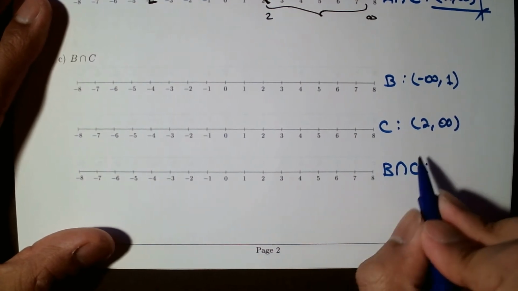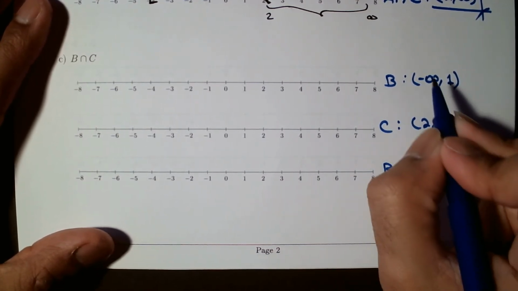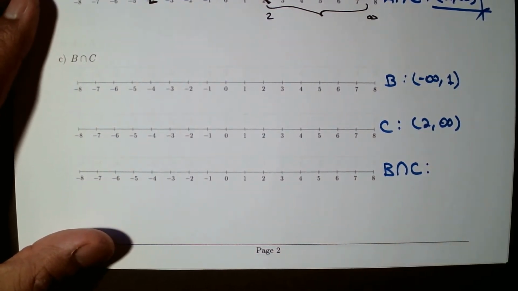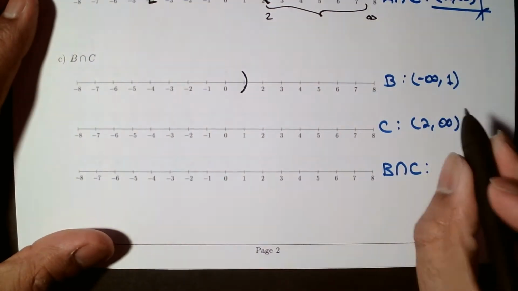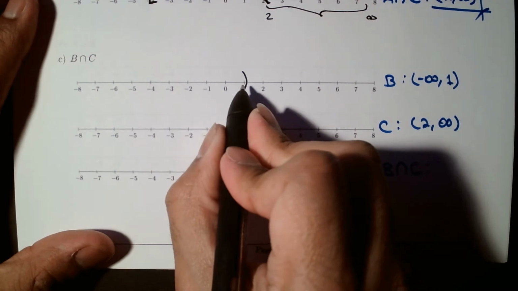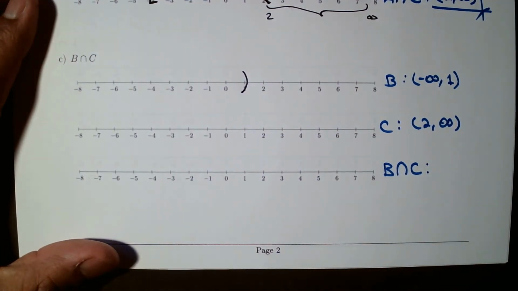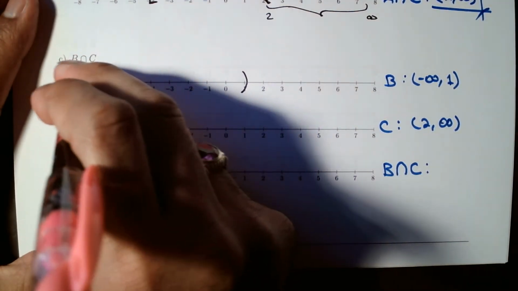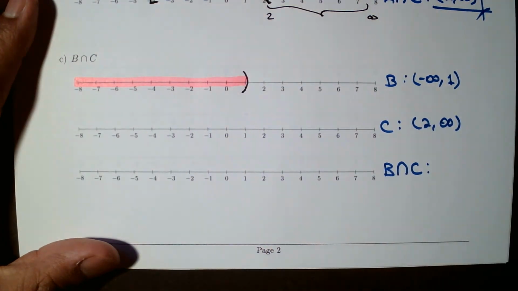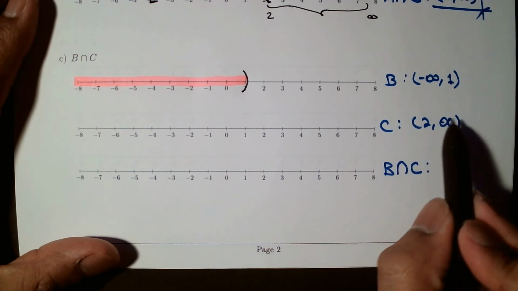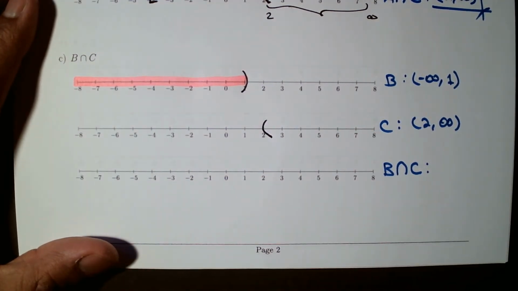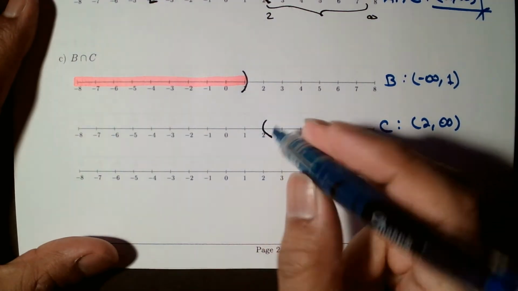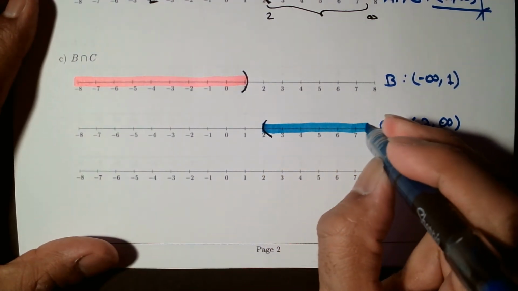We're going to figure out what the intersection between these two is. Negative infinity to 1 means from 1 to the left. Let's highlight. And the set C is going to go from 2 to infinity, so it's going to go to the right of 2.